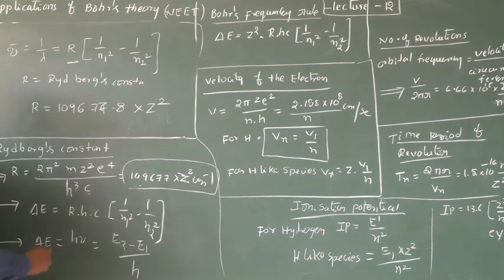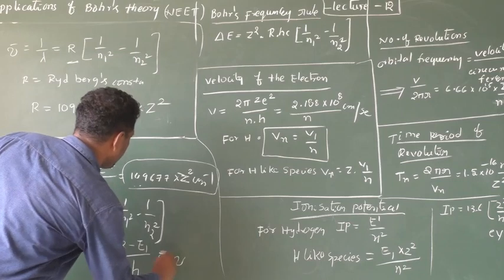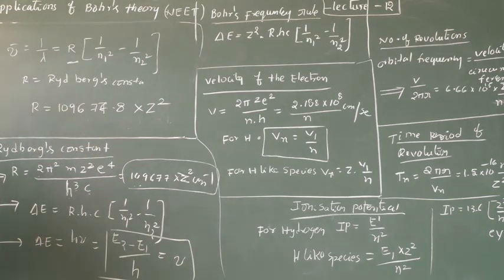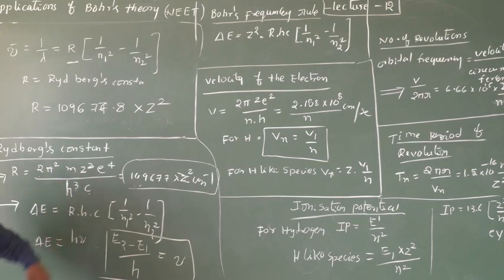So nu equal to delta E by h, that is E2 minus E1 by h. This is also about the Rydberg constant.